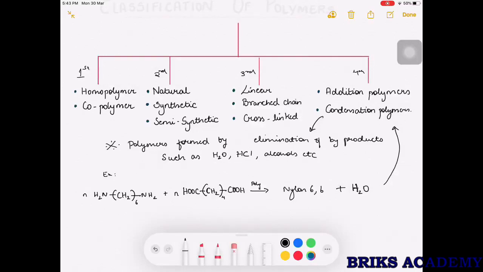Since H2O is getting released in this reaction, nylon 6,6 is an example of a condensation polymer.